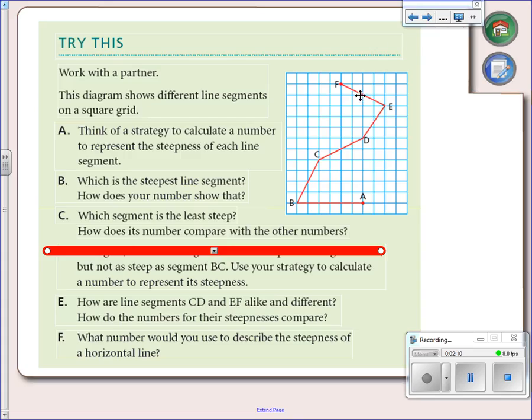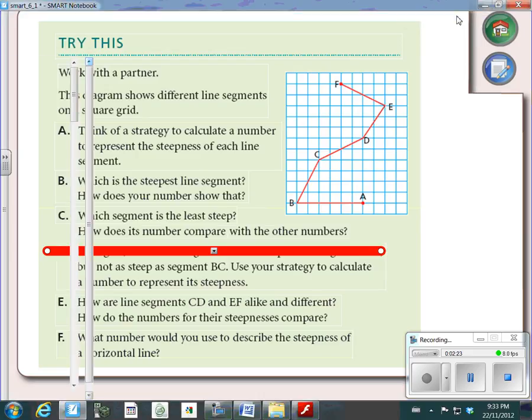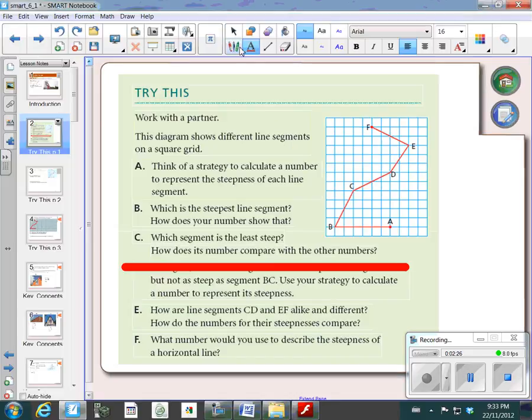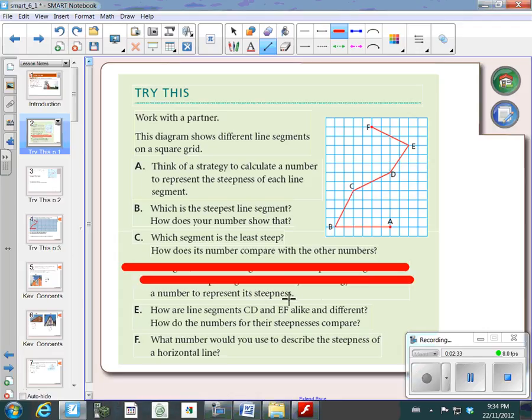So what we're going to have you do is try this activity. With a partner, you're going to work with the grid provided, and you're going to answer questions A through C, cross out D, and do E and F. So with me now, just cross off this question D. Give that a shot, answer those questions in point form, and in 5 minutes or so, Mr. Wheeler will go over your results.